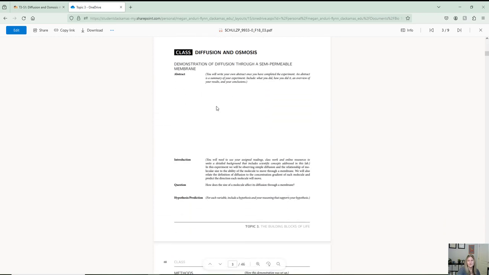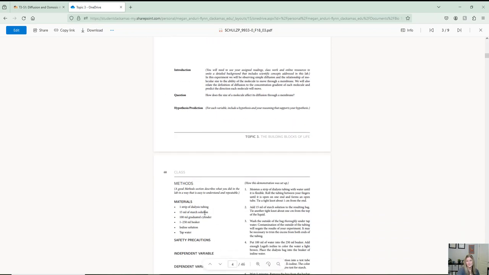So diffusion and osmosis. First off, you'll notice that this class assignment is a little different in that we have kind of a lab report set up. So this is getting you a little bit more familiar with how to construct a lab report, a formal lab report. So you can see things like the abstract, the introduction, question, hypothesis, and so forth.